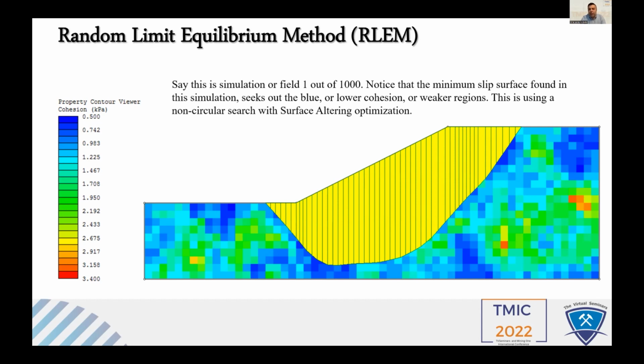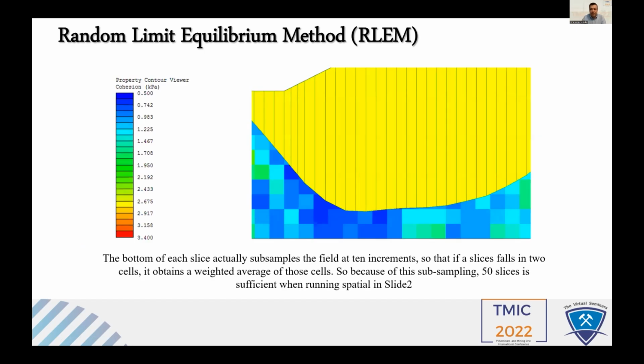Luckily, when we released Slide2 in 2018, we added an advanced method called surface altering optimization that Terence is going to talk about probably today in his presentation. So this surface altering optimization finds the weakest failure path that you can see. The blue region is the weak region, and the critical slip surface goes through this weak region. And to emphasize that this is limit equilibrium, you can see these slices.